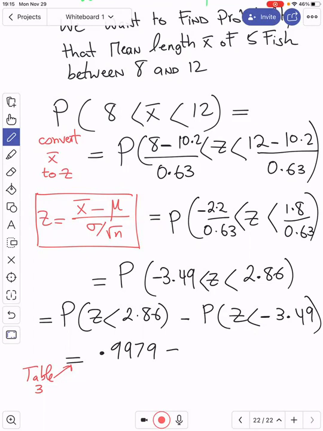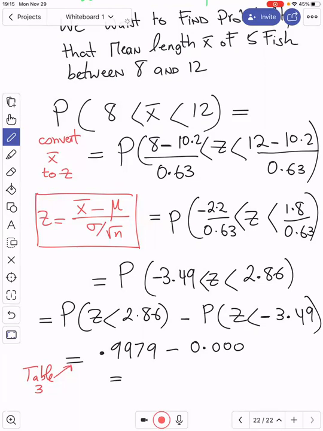So minus 0. Oh yeah, actually the smallest value is negative 3.49, right?